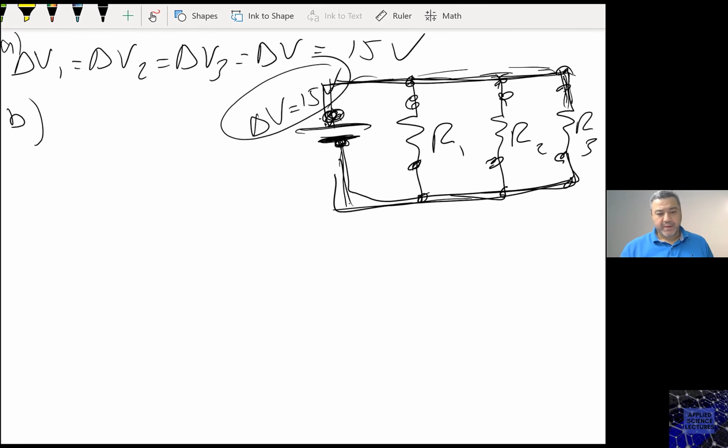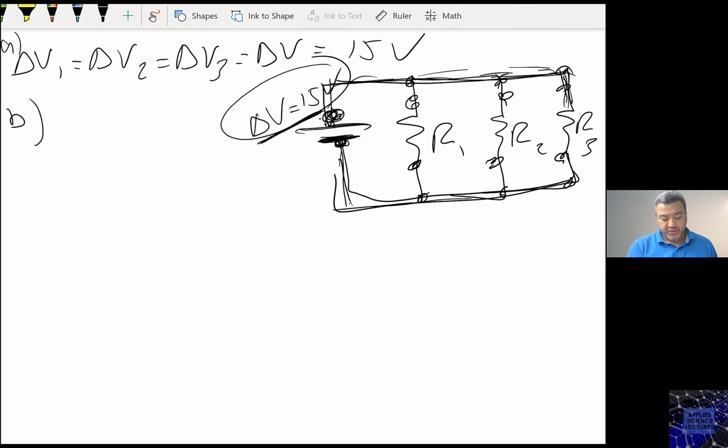Now B, what is the current through R3? If I want to calculate the current through R3, what shall I do? I know the potential difference, delta V, across R3. Then I can apply Ohm's law.